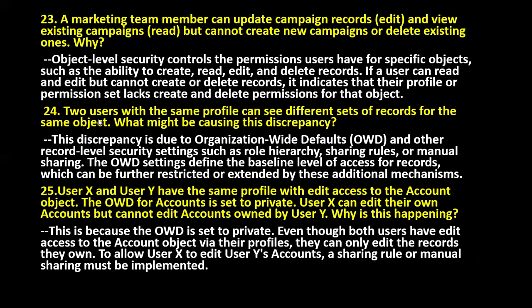Next question. Two users with the same profile can see different sets of records for the same object. What might be causing this disparity? This disparity is due to the organization-wide default (OWD) and other record-level security settings such as role hierarchy, sharing rules, or manual sharing.